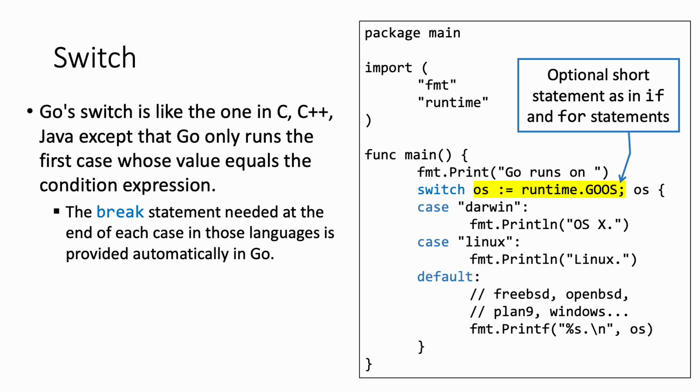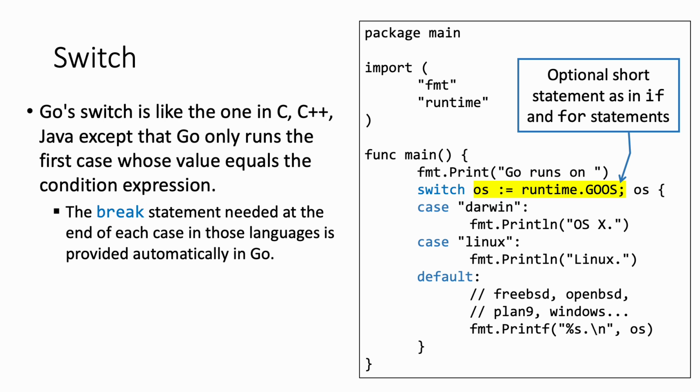A sequence of if, else if, and else statements, like those in the previous example, can be rewritten in a shorter way using a switch statement. Go's switch is like the one in C, C++, Java, JavaScript, and PHP, except that Go only runs the selected case, not all the cases that follow.